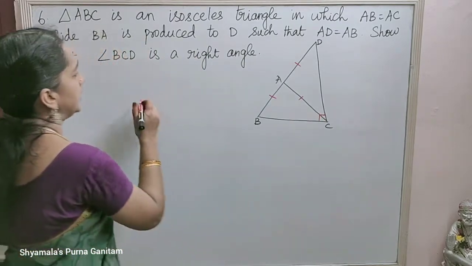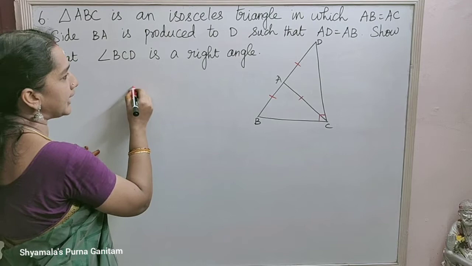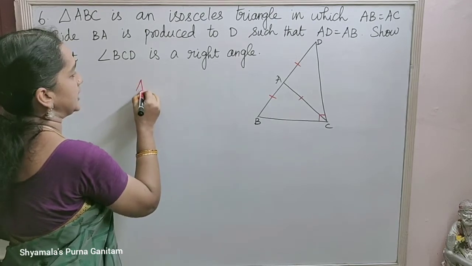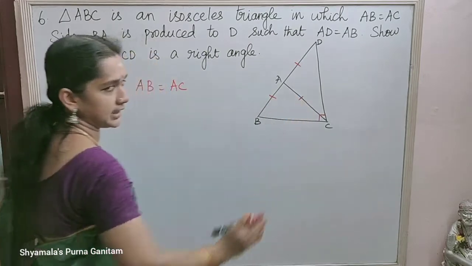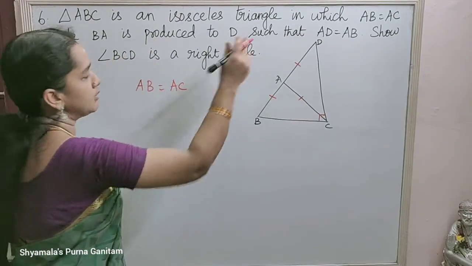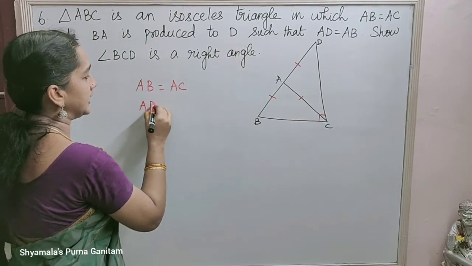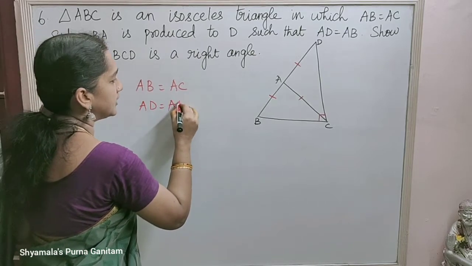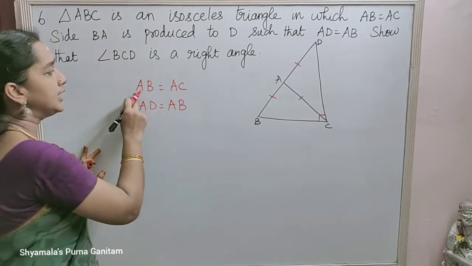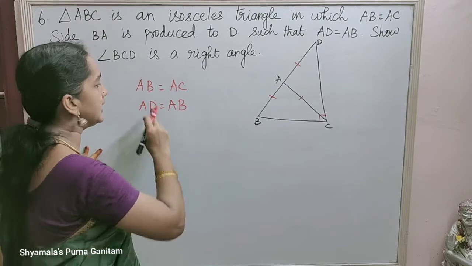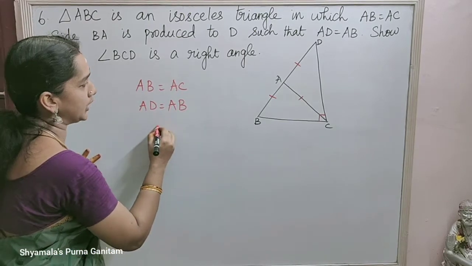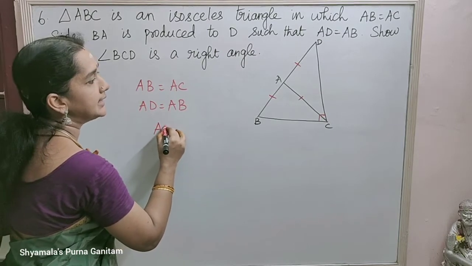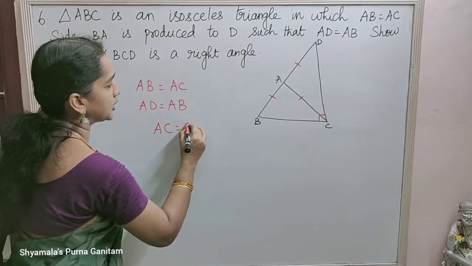In the question it is given that AB is equal to AC. One more thing is given, that AD is equal to AB. So from these two equations we can say that AC is equal to AD.